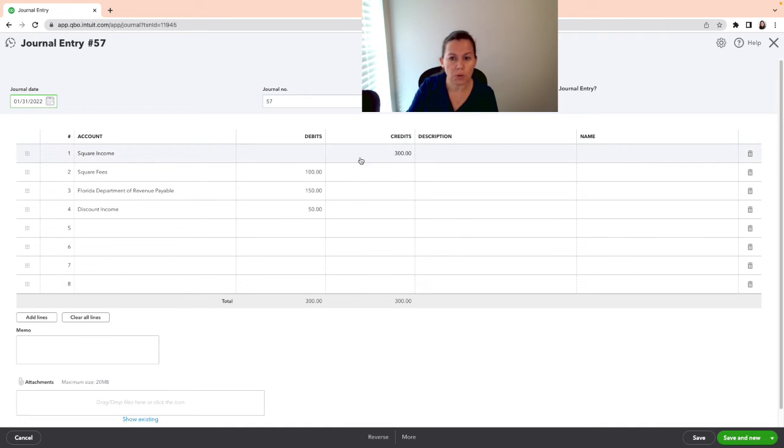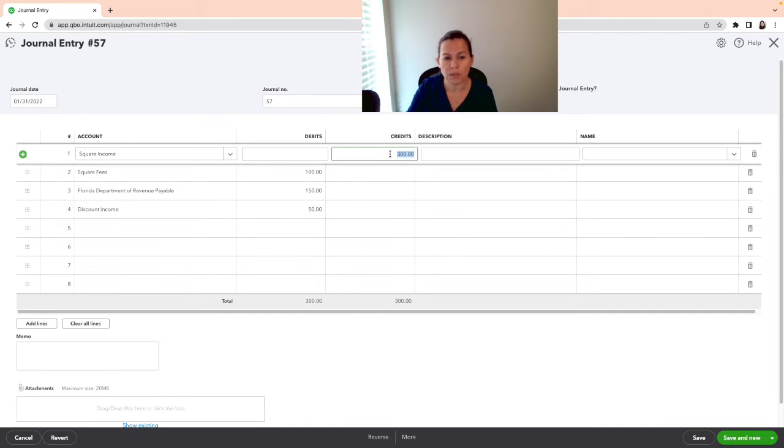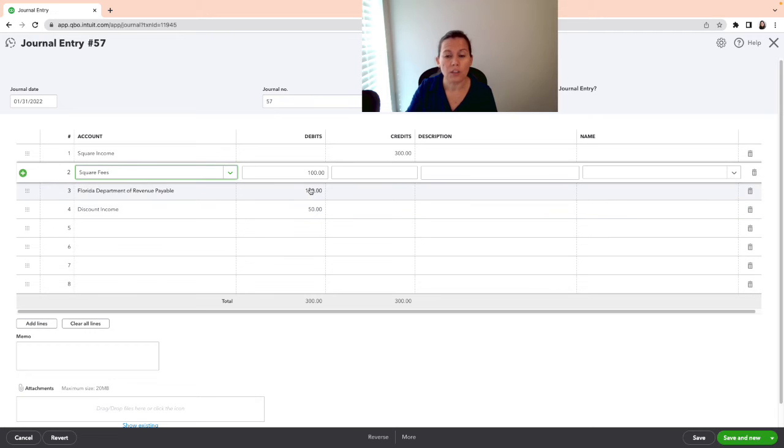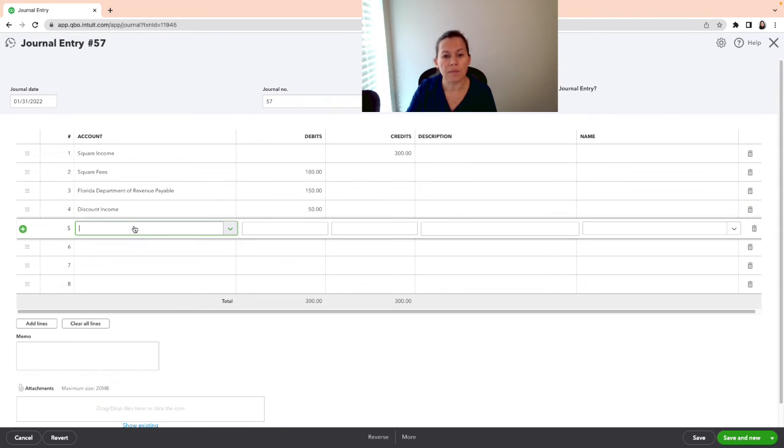Okay, so let's suppose that the transfer was for $300, and the information you're going to find there is discount. So if there was a discount, you're going to find the Square fees, sales tax, and if there are any tips, you want to add tips. Whatever is on that transaction, you need to enter in this journal. So all the details for that.